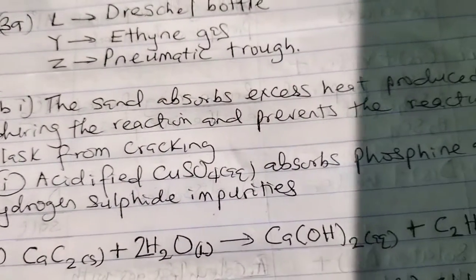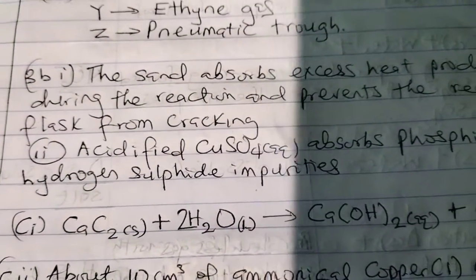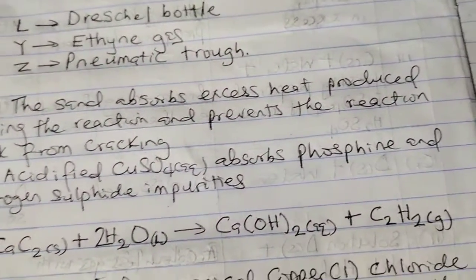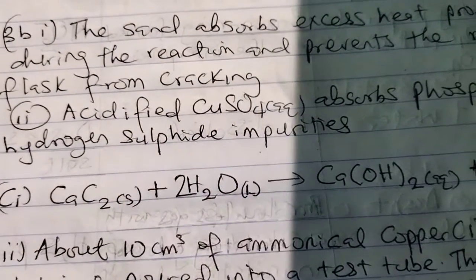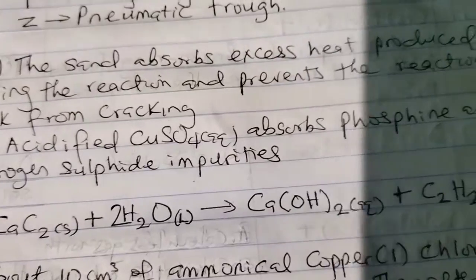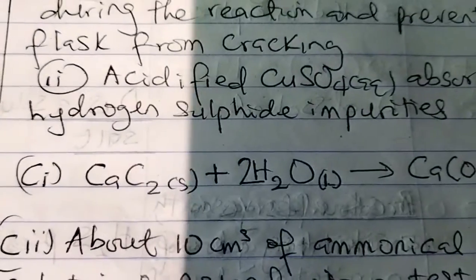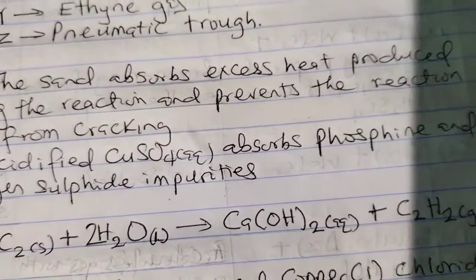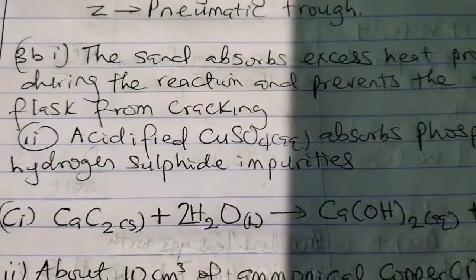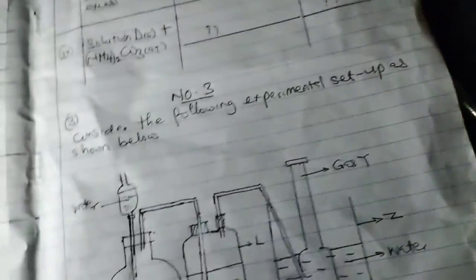Then (ii), acidified copper sulfate, absorbs phosphine and hydrogen sulfide impurities. So that is it. Go to the next question.